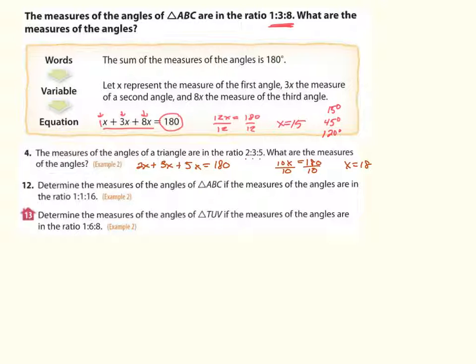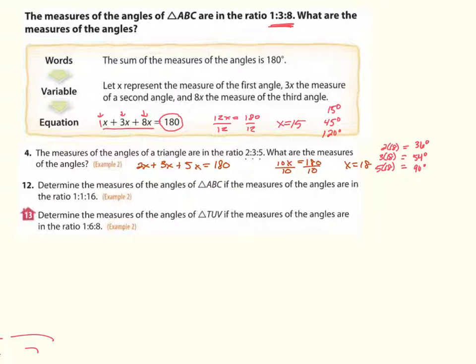So since x equals 18, the only thing that we're going to do now is take 2 times 18 to figure out the first angle, 3 times 18 to figure out the next angle, and 5 times 18 to figure out the third angle. 2 times 18 is 36. 3 times 18 is 54. 5 times 18 is 90.